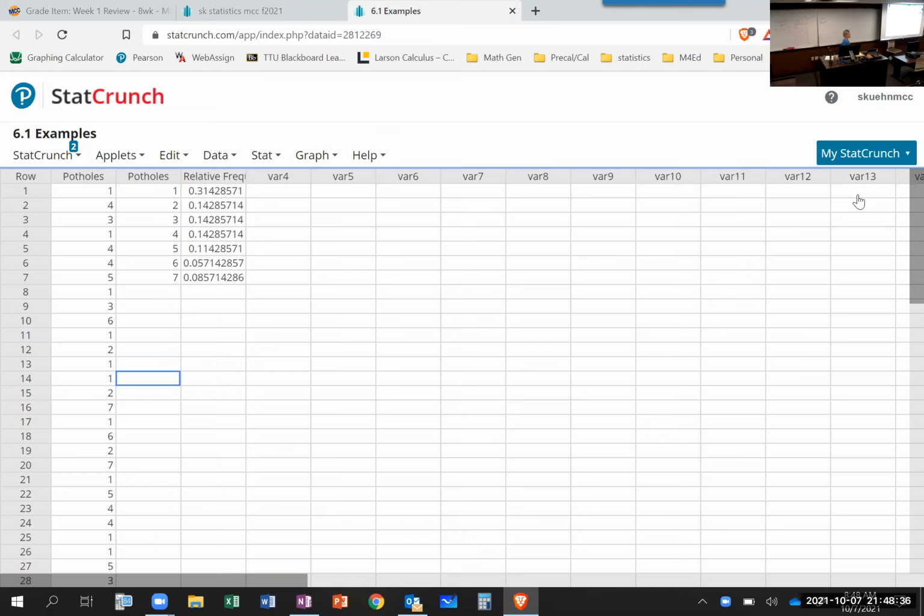Now, on your paper, let's just round this down to 3 decimal places. I want you to recreate this table on your paper. You need a column that has the number of potholes, that's X, and another column that you're going to label P of X. Those 2 columns were given to us already in StatCrunch because they did the data crunching for me.